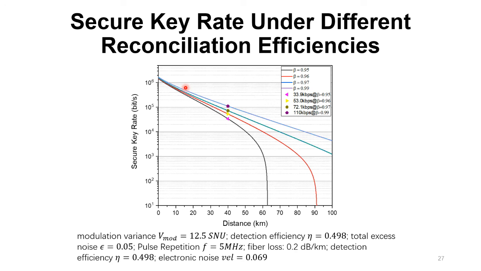The chart shows the performance improvements arising from the enhanced reconciliation efficiency from 0.95 to 0.99. When reconciliation efficiency is 0.95, the key rate remains 33.9 kbps over 40 kilometers.